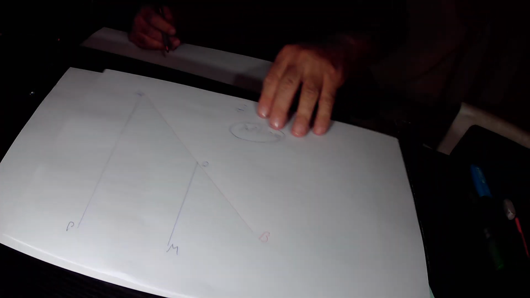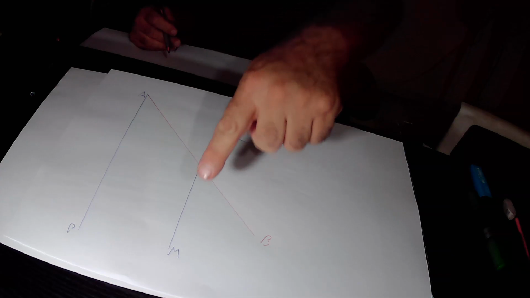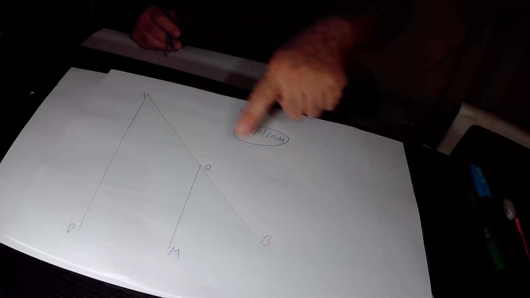Okay, those are the two parallel lines AP and OM. This is the diameter AOB of the circle.